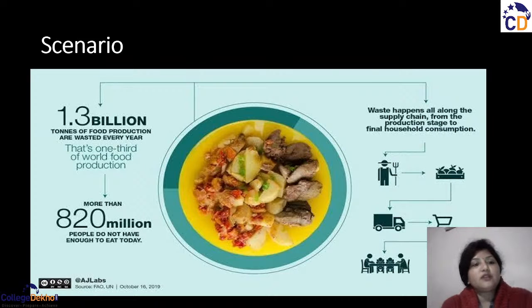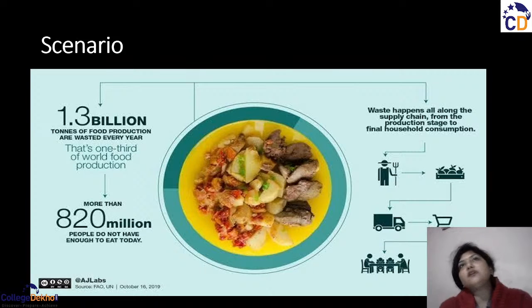That's one third of the world's food production. More than 820 million people do not have enough to eat today, and at the same time we have wastage of food. Waste happens all along the supply chain, from the production stage to the final household consumption.